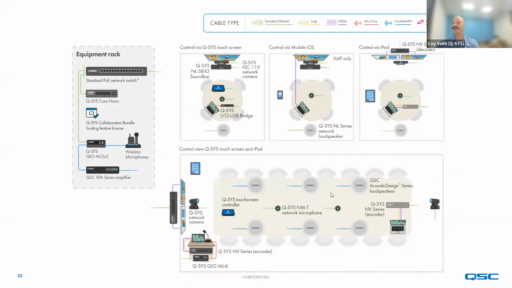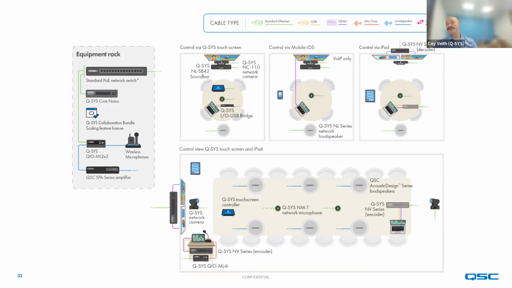As we move to that big room, you can see we've got the dual camera setup. We've got the NV series as an encoder and decoder driving the displays and connection from the laptop, along with the NMT1 on the table there. It looks like we chopped off some text when we made this slide.